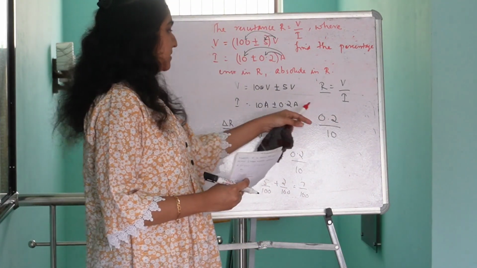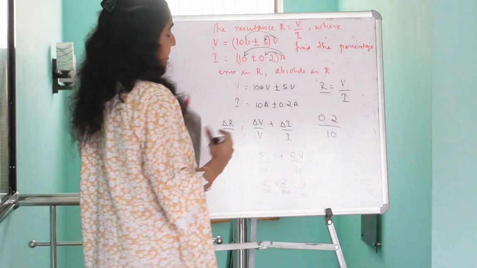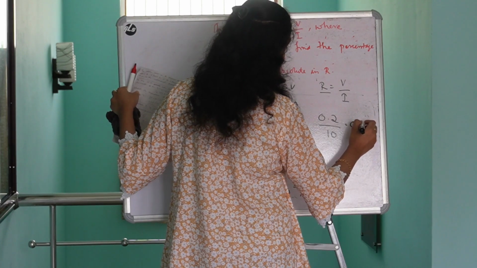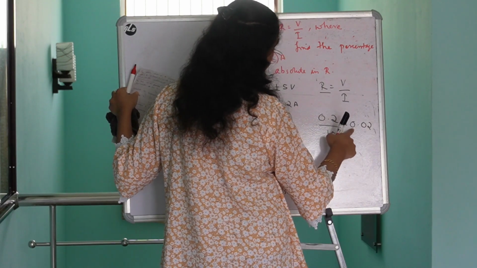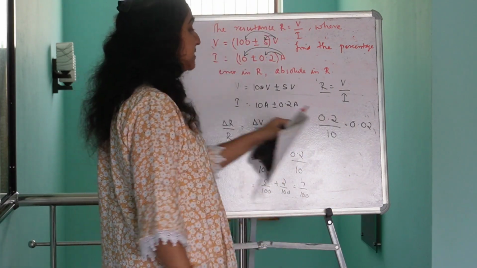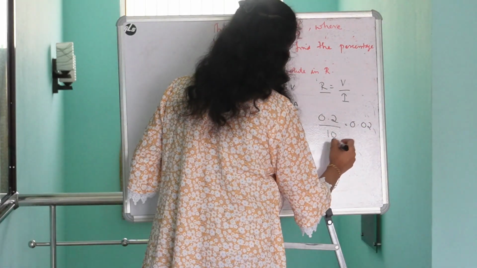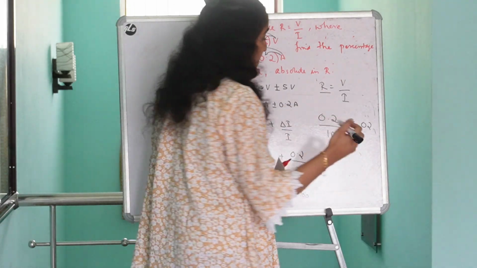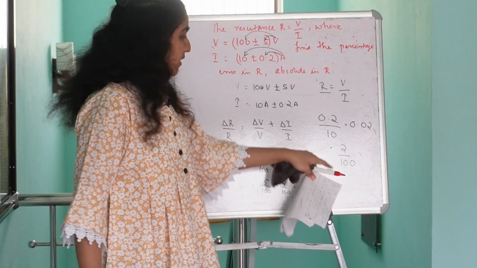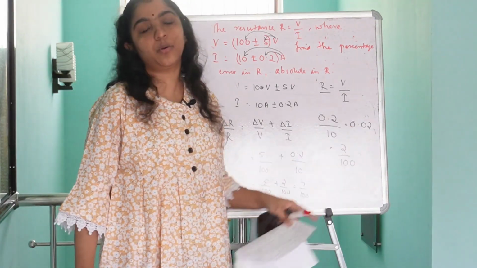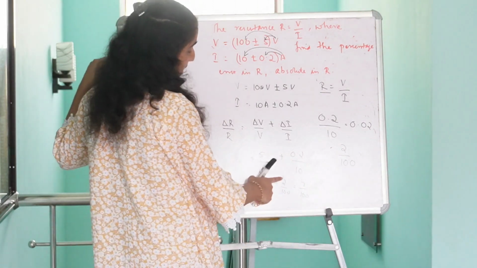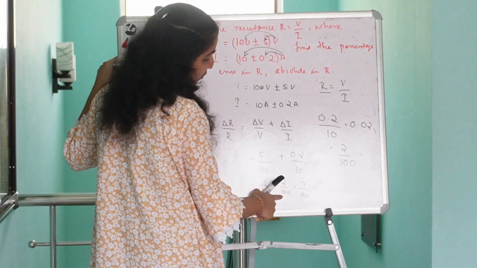It is nothing but 0.02. We can write 0.02 otherwise as 2 by 100, isn't it? 0.02 and 2 by 100 are one and the same. So I wrote 0.2 by 10 as 2 by 100.